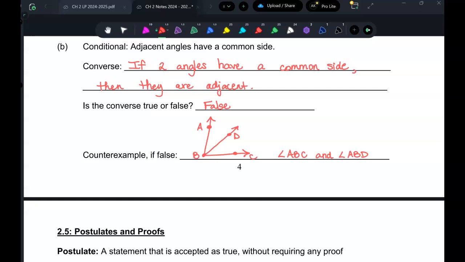But are they adjacent to each other? No, because the big one overlaps the little one. So sometimes it's more than just drawing the picture, because we have to identify which angles we're referring to. ABD and DBC share common interior points. Isn't ABD and DBC adjacent?